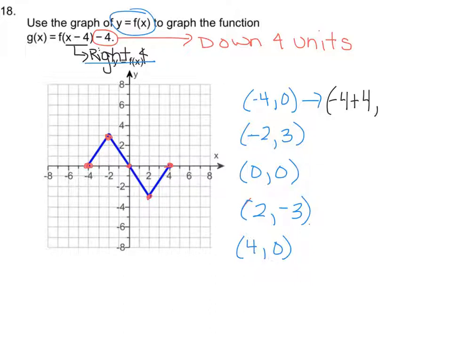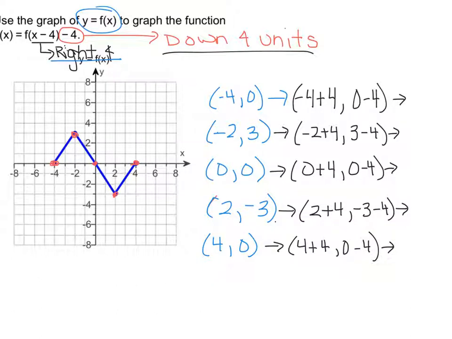Now, my second transformation is I'm going to move down 4 units, and the vertical movement of up and down affects the y value of my ordered pair. So since I'm moving down 4 units, I'm going to subtract 4 from each of my y values.